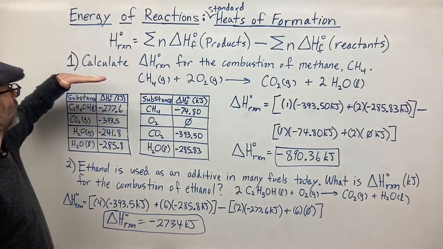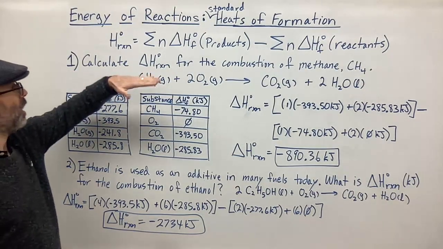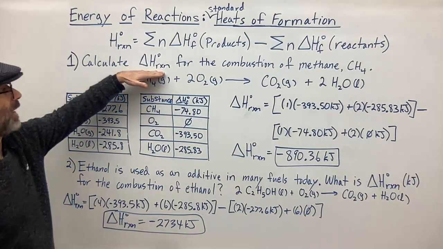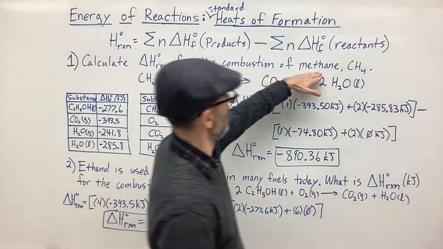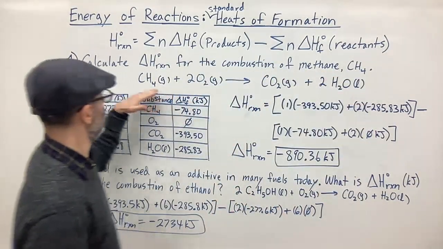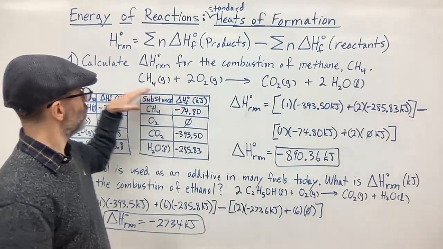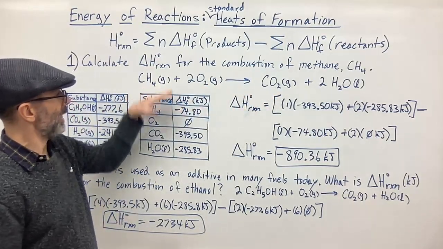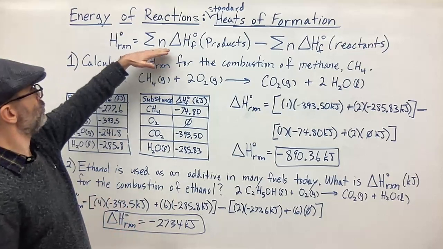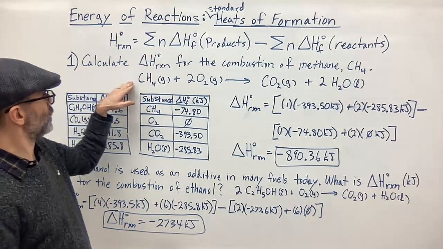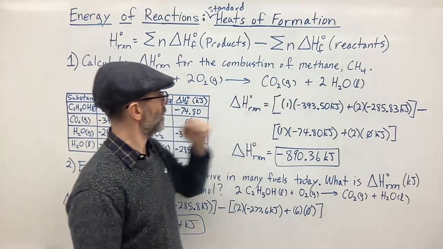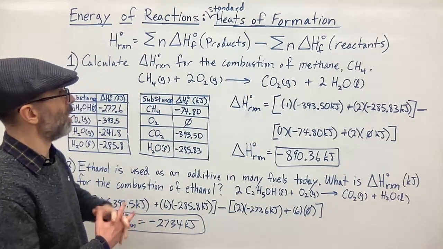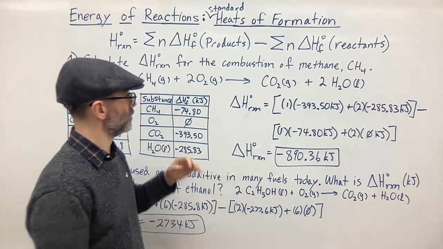So problem number one is calculate the standard heat of a reaction for the combustion of methane, CH4. So here we need the balanced equation. So here's our balanced equation for the combustion of methane. And so we're going to use this equation. So we're going to use the coefficients to help us calculate the amount of energy for products and reactants.